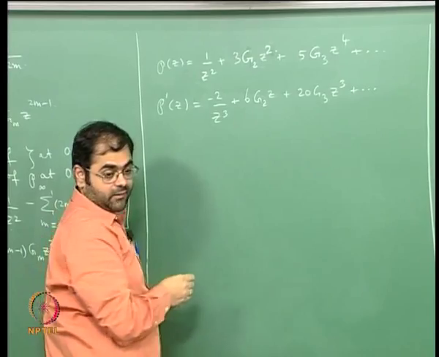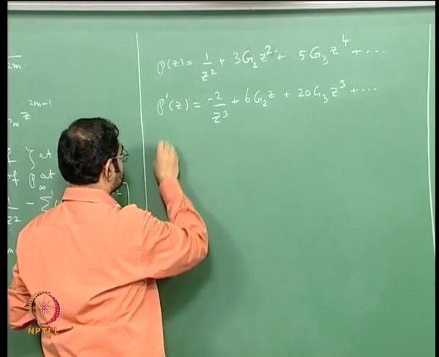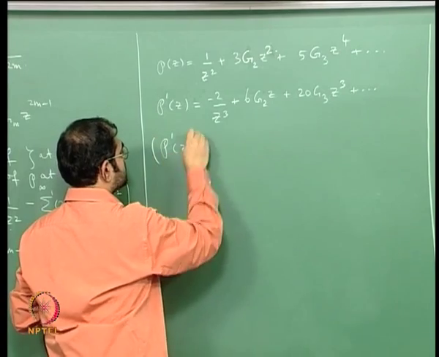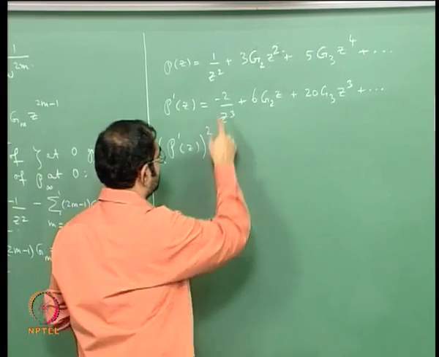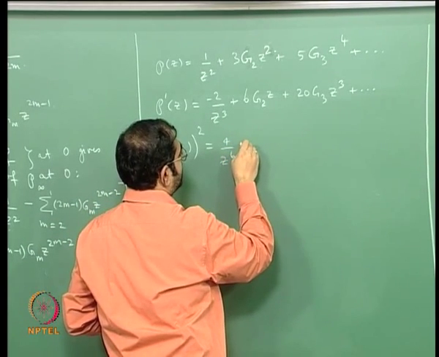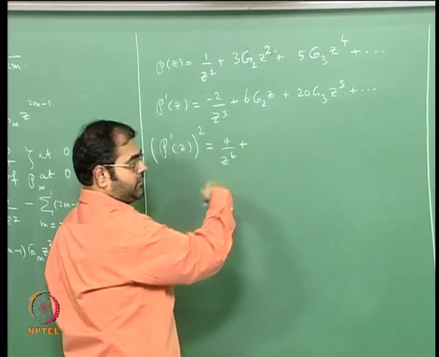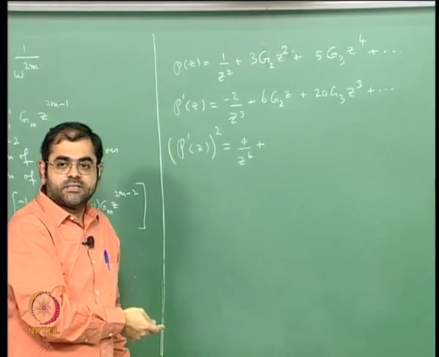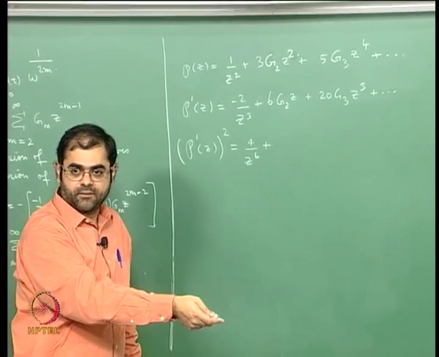Then I calculate the square of this, phi prime z the whole squared, I calculate this and I will get, well, 4 by z power 6 is one term. Then the terms that I am interested in, I am essentially interested in the singular part plus say the constant term, alright.